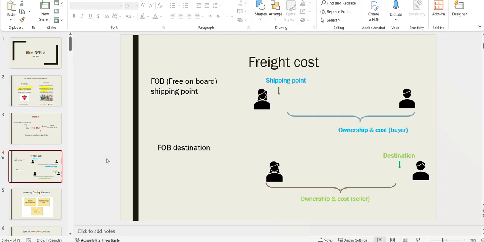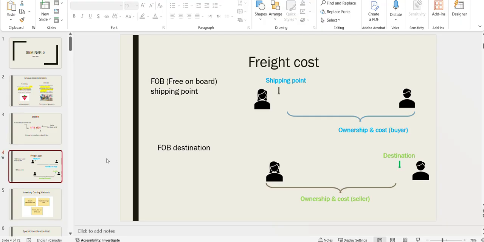And the other important point in this chapter is the freight cost. So we have FOB shipping point or free on board shipping point and FOB destination. What is the difference? In FOB shipping point, the ownership and cost is for buyers.